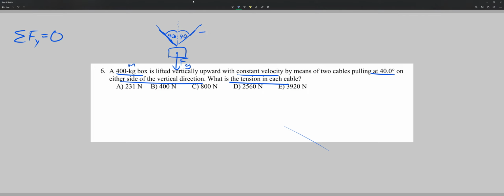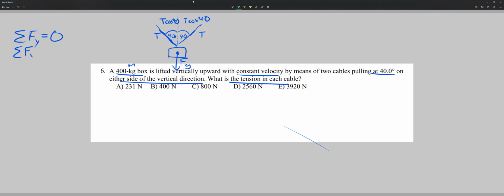So you have tension in both of these ropes, and you have a downward gravitational force. Like we did in the last problem, our vertical vector for these tensions is adjacent to my angle. So I'm going to say that's T cosine 40, and the same thing for the other one. These are my vertical vectors for my tension.